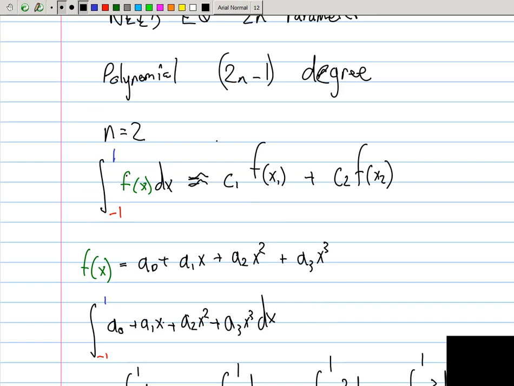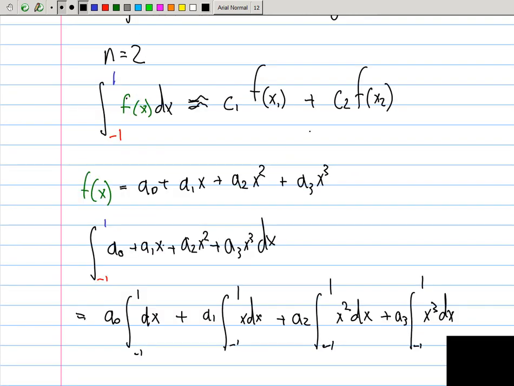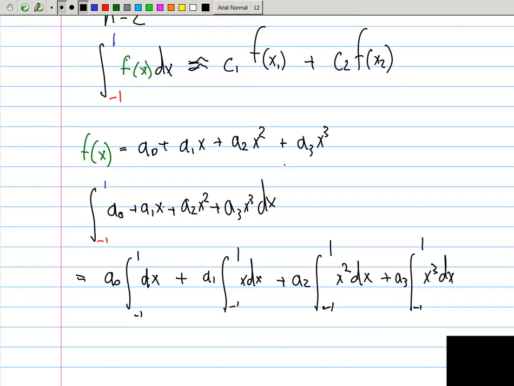We were saying that we can approximate it as such, like this. So one of the key things within Legendre is this is only going to be exact when f of x is going to be equal to 1, x, x squared, or x cubed. Then we're going to have an exact solution.